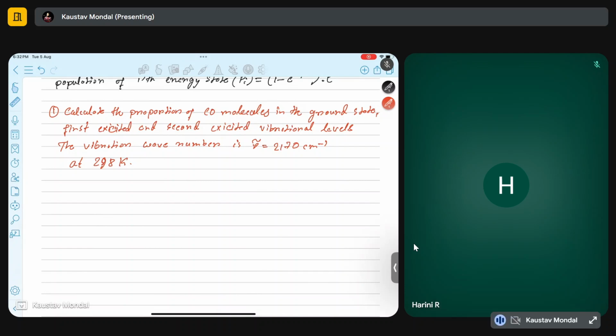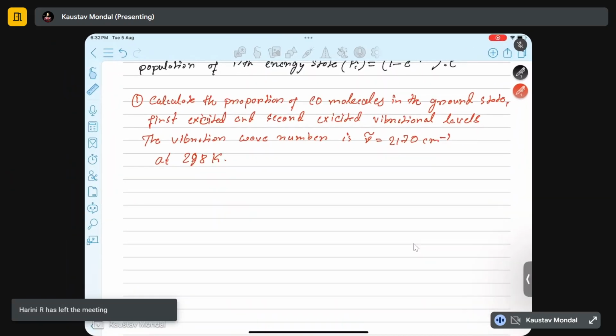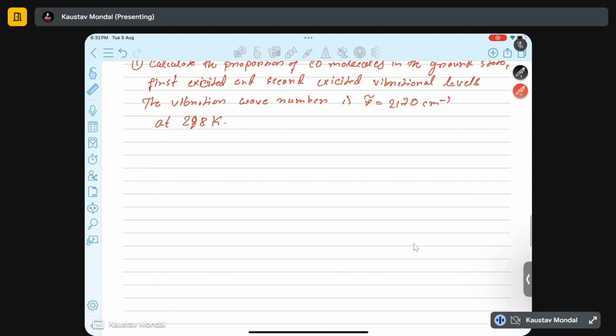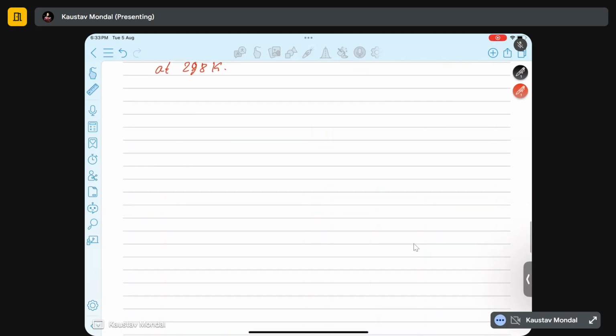But first, according to the problem, we will calculate the fraction of the particles distributed in different vibrational states. Although the fraction would not be that much, we still have to calculate. As we know, the energies of the vibrational states are divided like this.